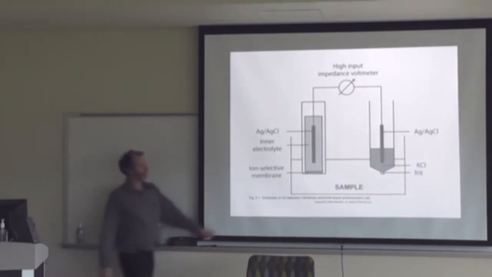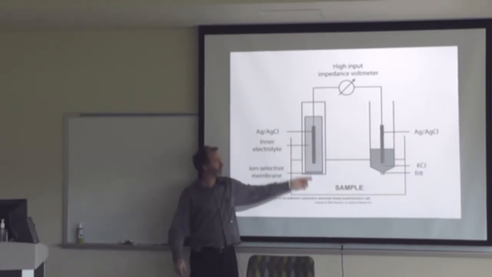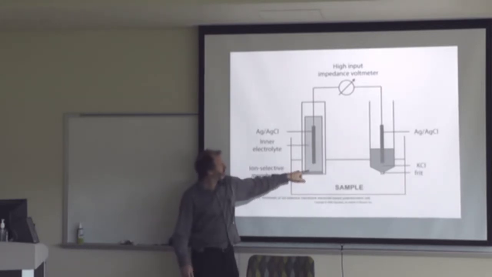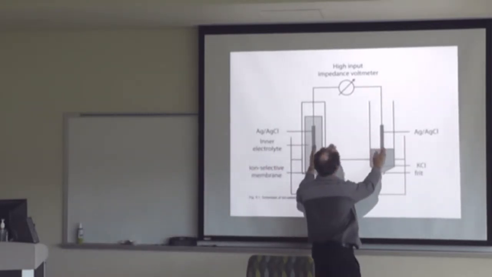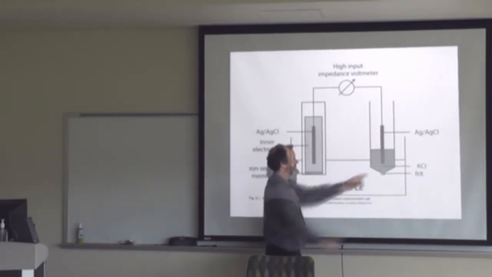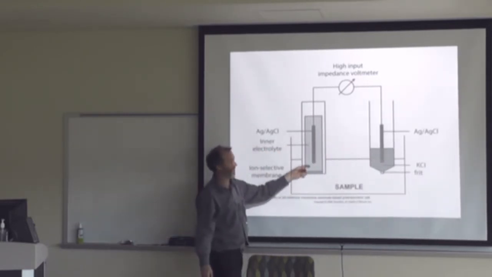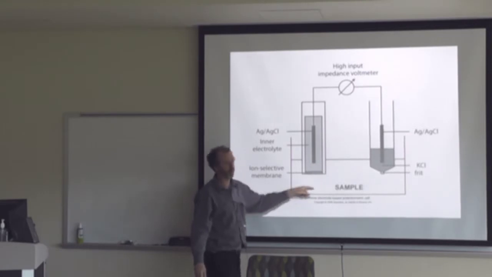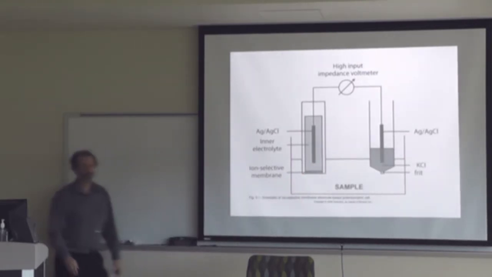They think that this membrane takes up the sample and then it interacts in here, but no, it'll bind to the membrane and you'll generate a potential difference across this, which will alter the difference in potential between the two. This one is always constant, versus this one, which will change based on the concentration you have in the sample and how much is interacting at the membrane. Does that make sense?